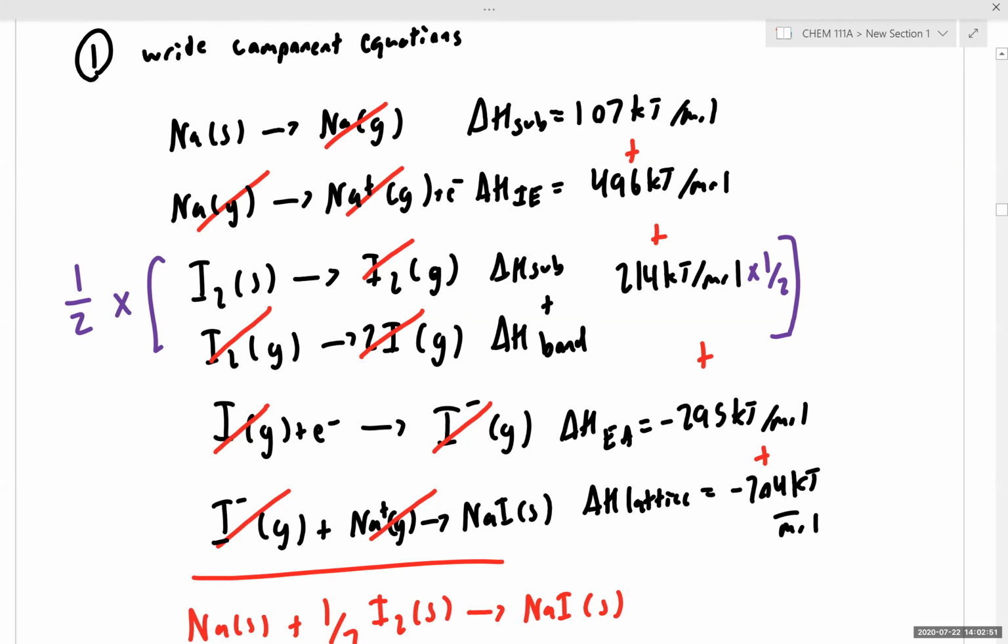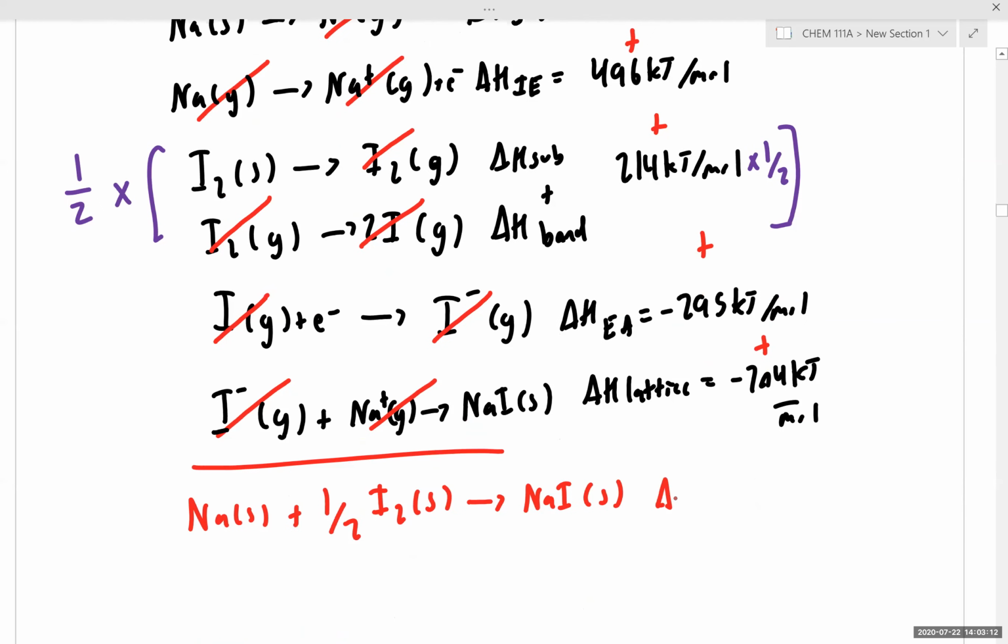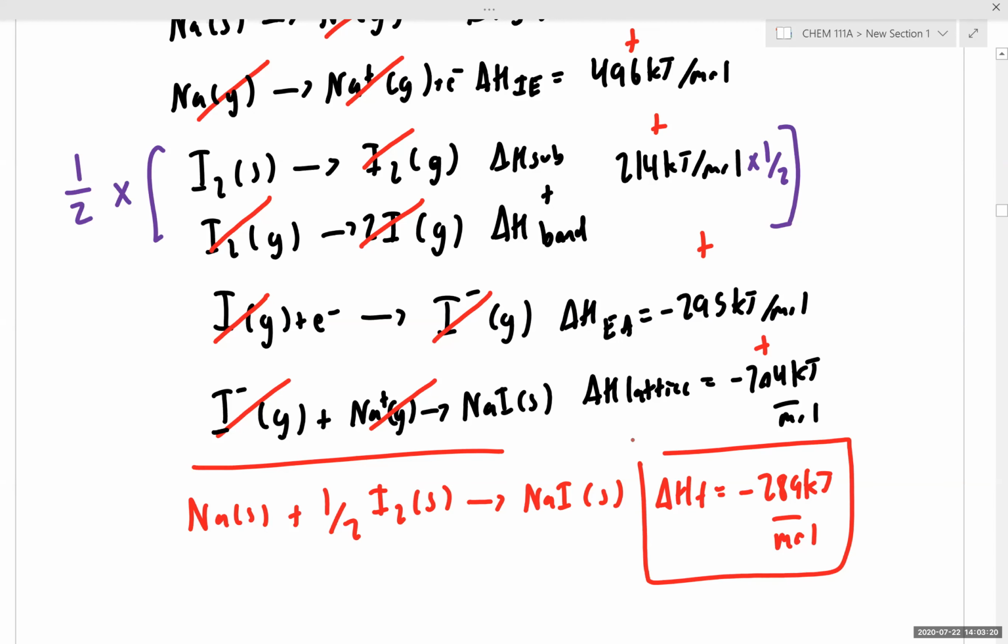So adding our enthalpies together, that in turn gives us 214 over 2 plus 107 plus 496 minus 295 minus 704. That gives us an enthalpy of formation equal to negative 289 kilojoules per mole, which is still quite exothermic.